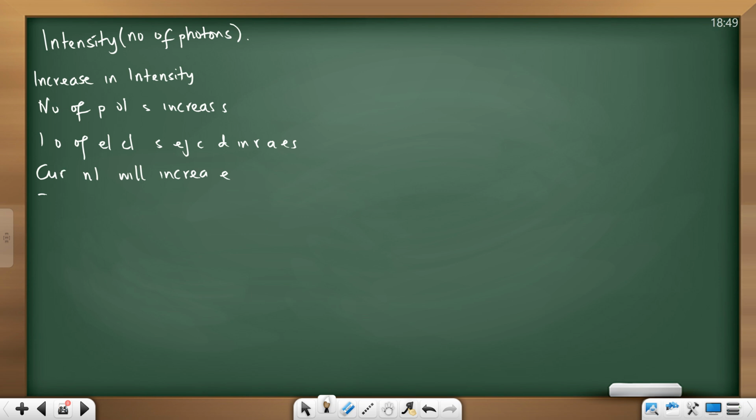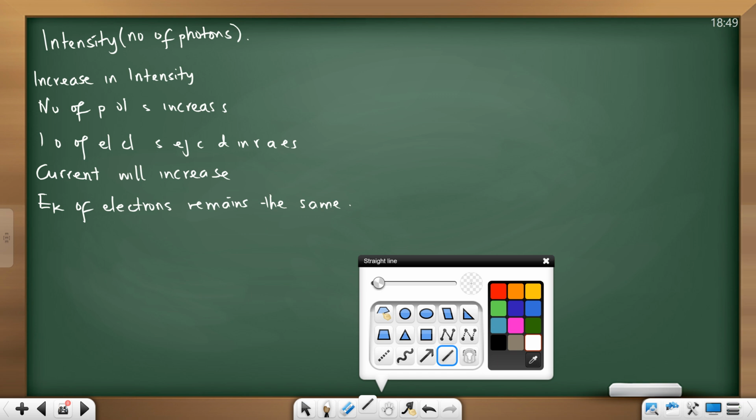What did I write here? What's wrong with my board? Current will increase. Kinetic energy remains the same. And like I said, they will throw these to you in a graph for you to interpret.